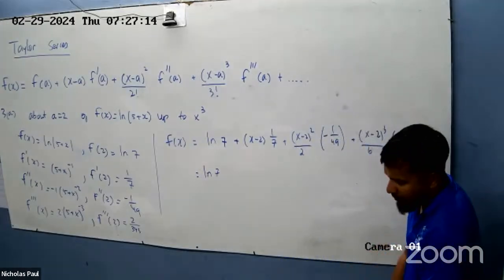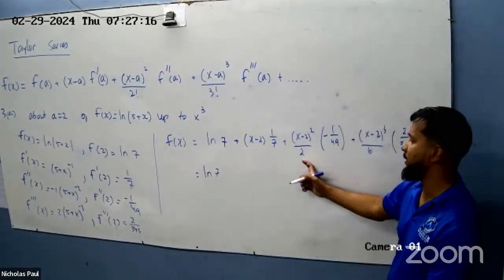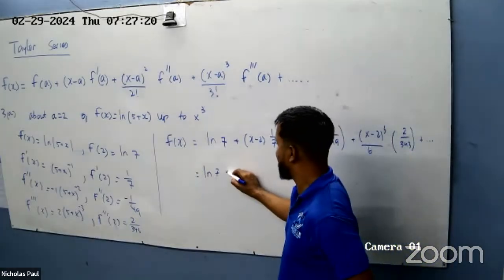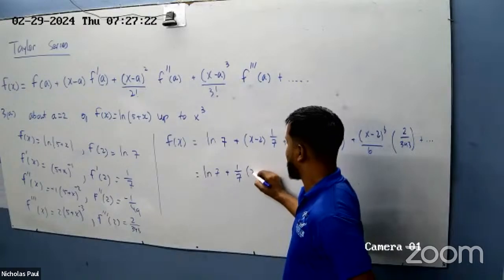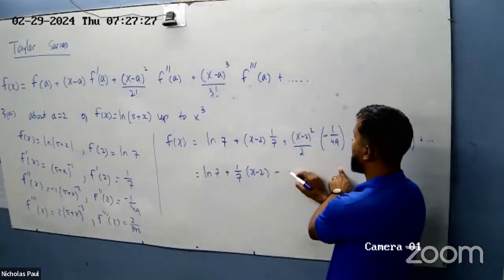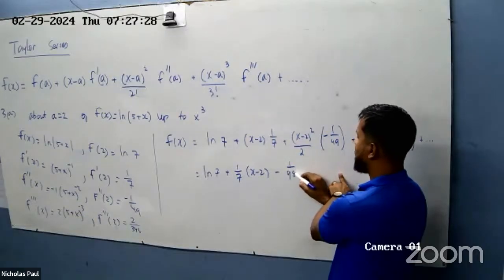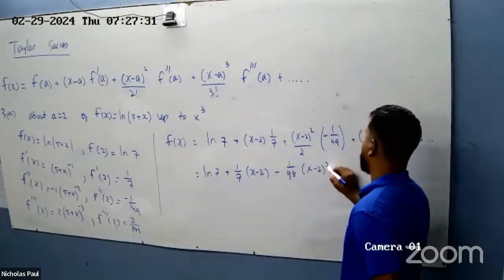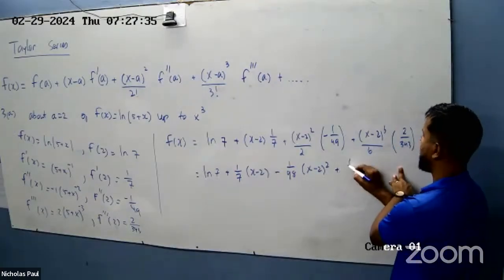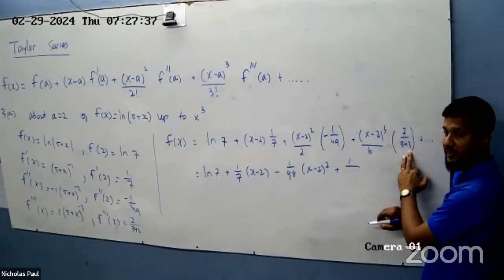Oh, that's an f of 7. I will work it out already. And this is minus 1 on 98.